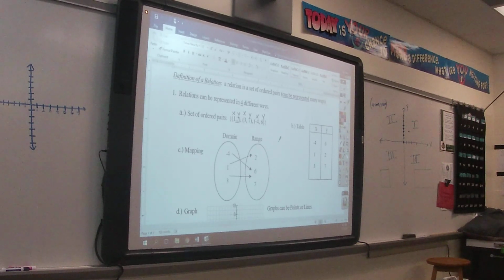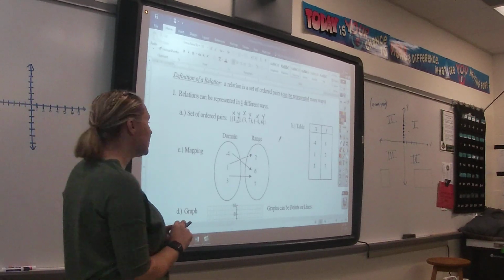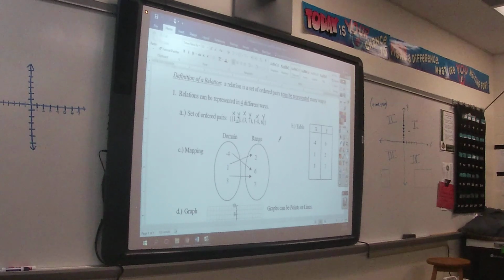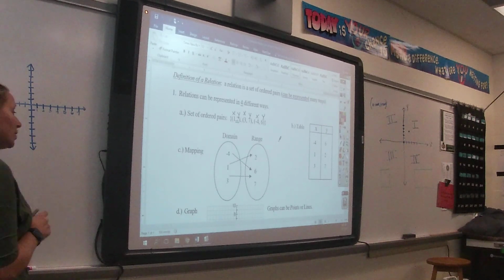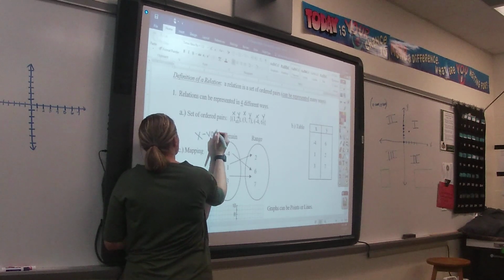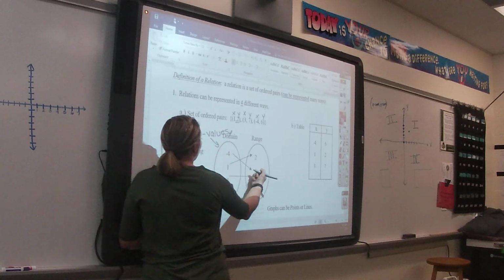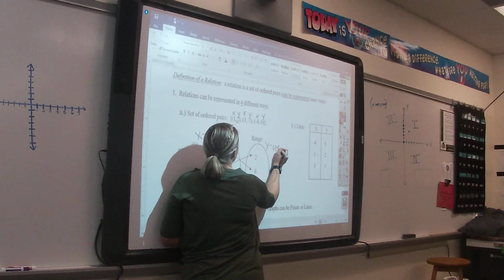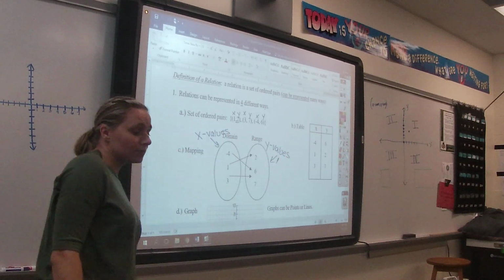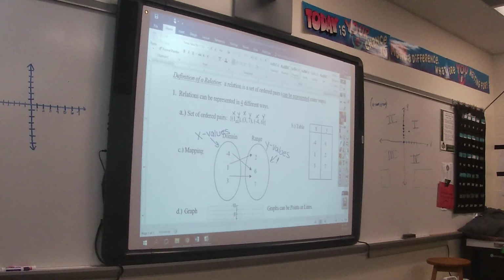Our third representation is the one that is completely new to us, and it is called a mapping. Okay, a mapping consists of these two ovals, bubbles, where we put all of the X values in the bubble on the left, and we put all of the Y values in the bubble on the right. Now, here's one of our first big terminology things we need to know.